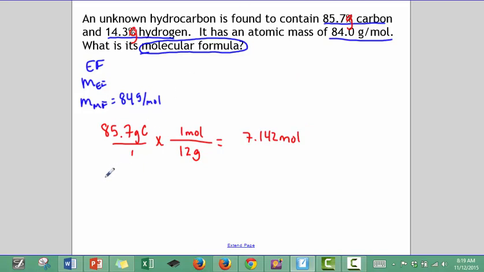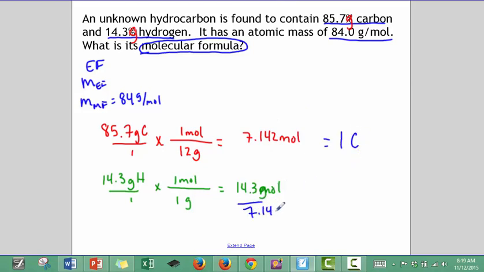We do the same for hydrogen, so 14.3 grams of hydrogen, 1 gram per mole, so that's 14.3 moles. Now we divide by the smallest, which is 7.142. That gives me 1 mole of carbon and 2 moles of hydrogen.